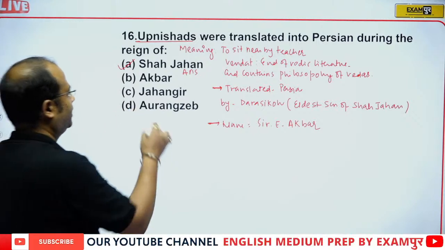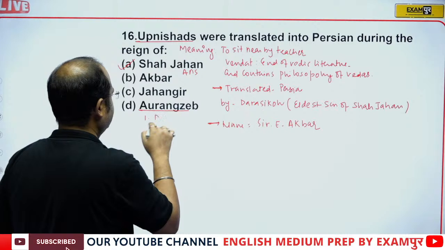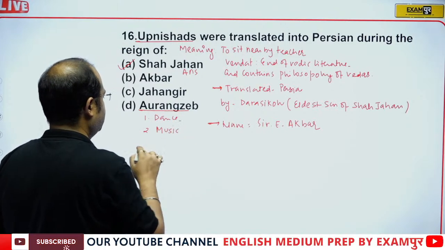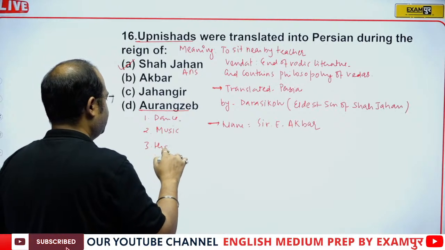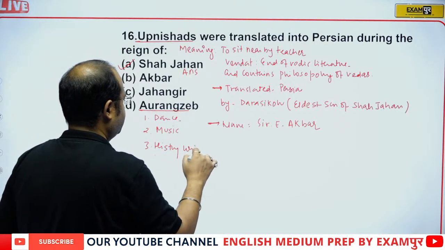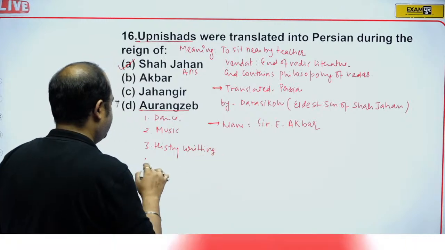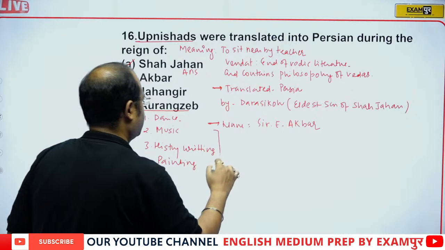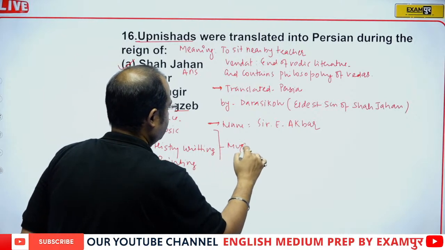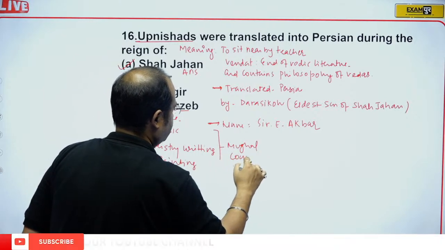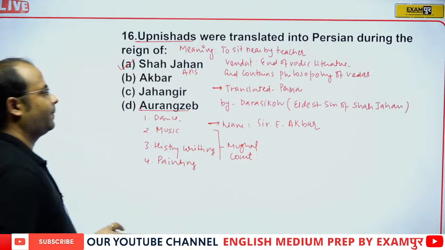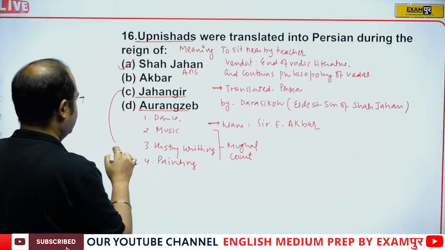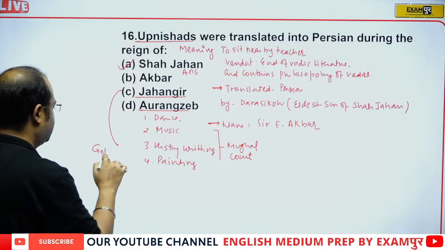And Aurangzeb prohibited dance and music, history writing, and painting from the Mughal court, and the time period of Jahangir is called the golden period of Mughal painting.